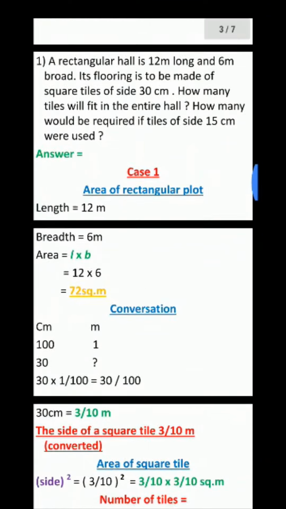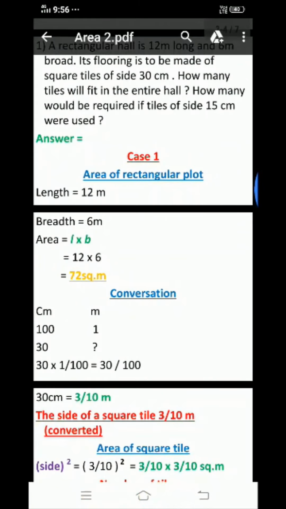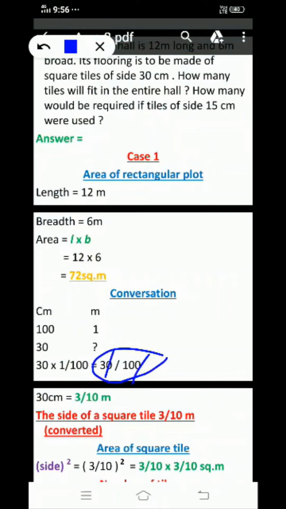So 30 divided by 100, and 30 centimeter is equal to 3 upon 10, because this 0 and this 0 will be cut. The side of the square tile is 3 upon 10 meter, because we converted centimeter into meter.